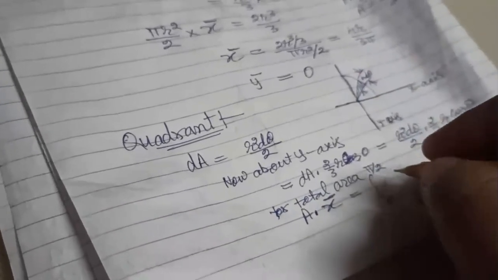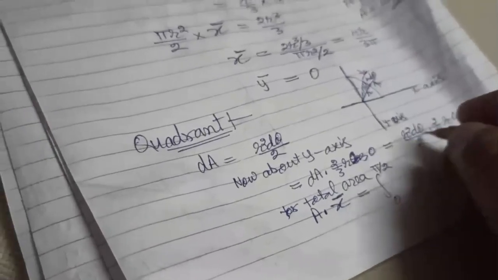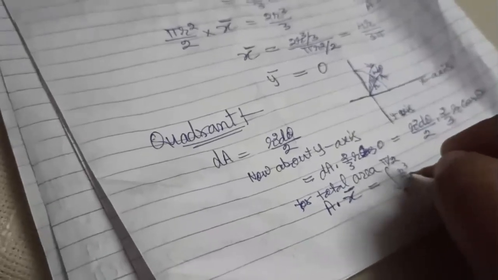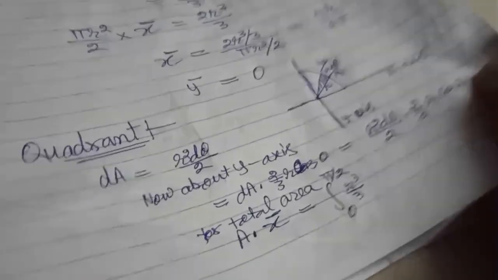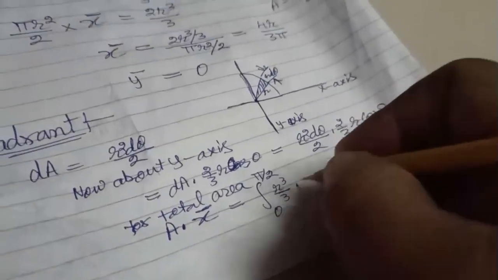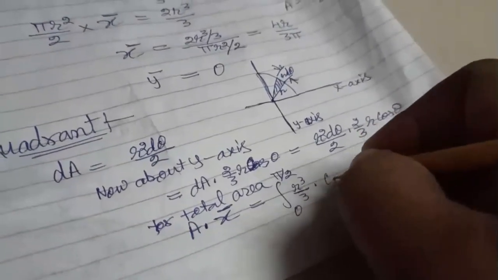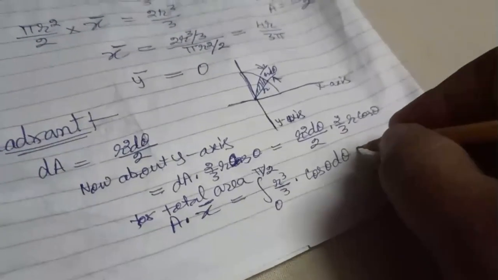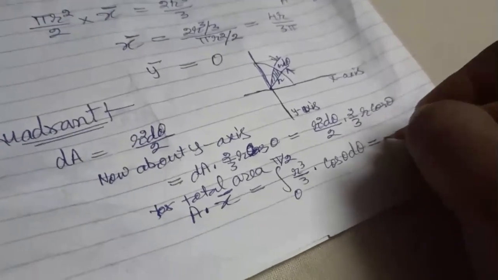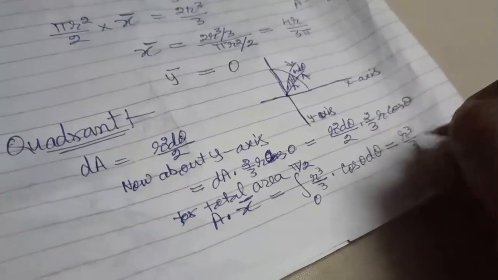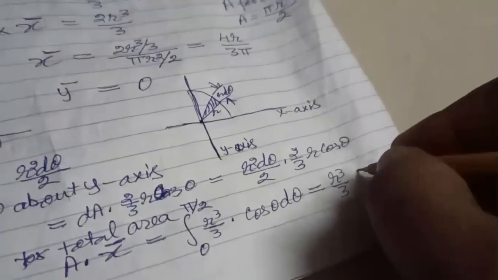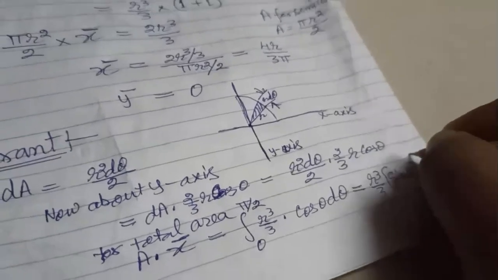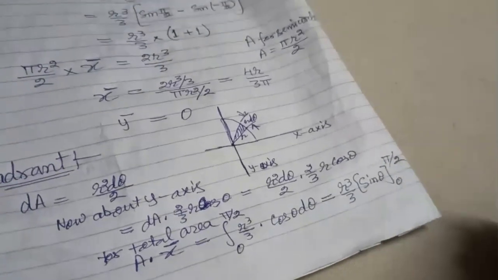And this will give you r cube by 3 into cos theta d theta, so r cube by 3 sin theta with limits 0 to pi by 2.